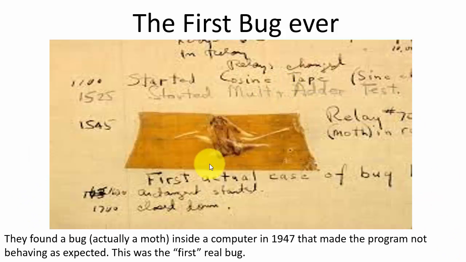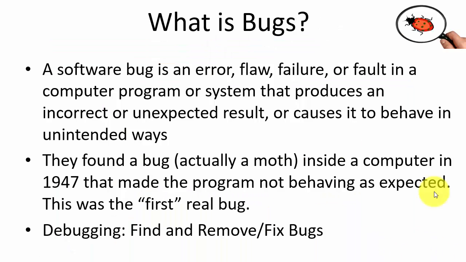Here we actually see the first bug ever found in a computer system. So this bug, actually a moth, was found inside a computer in 1947 that made the program not behave as expected. So this was actually the first real bug in the history of computers. So what is actually a bug? A bug is a software bug.